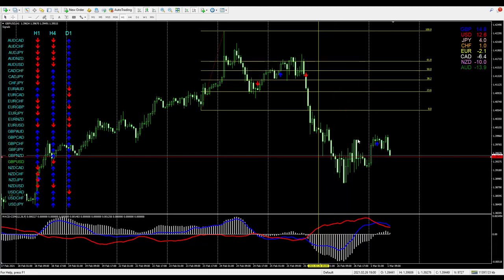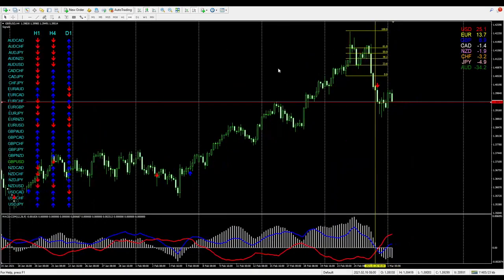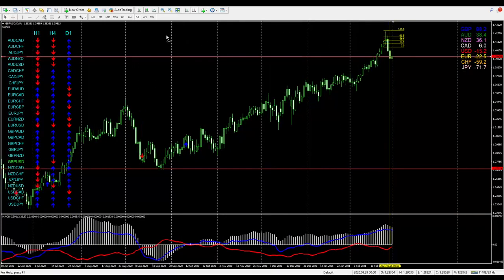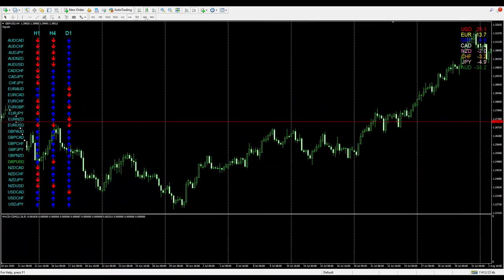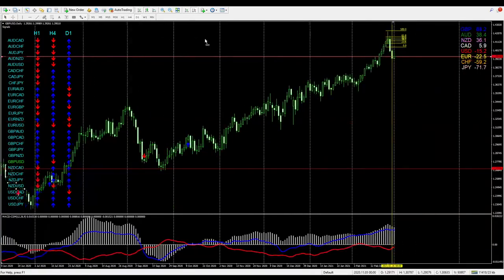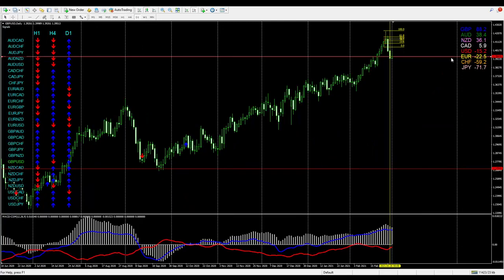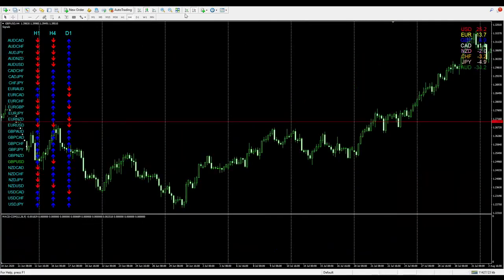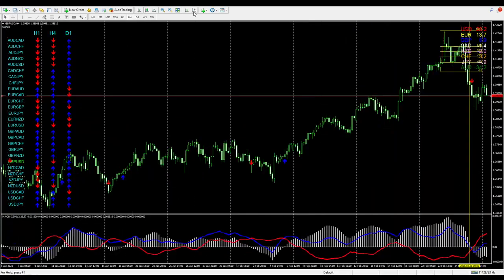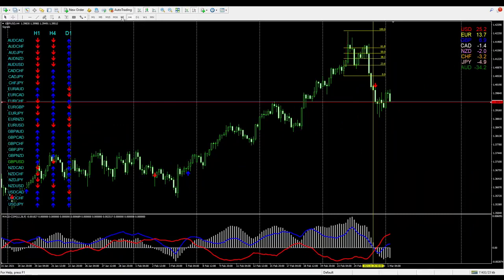But for me, if you guys are still holding this one, the general trend for GBP USD on D1 time frame is still a buy. So if you can still hold your trade, for me it's still possible.